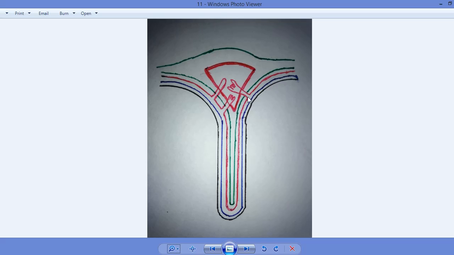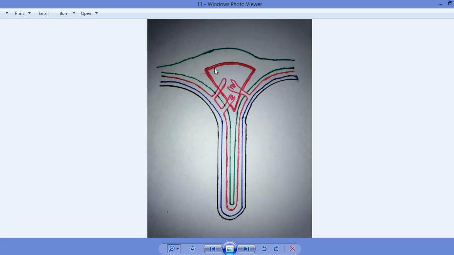After the pia mater, the arachnoid mater is also extended to the longitudinal fissure. This red color represents the arachnoid mater, and the dura mater is also extended, represented by the green color. So all the meningeal layers are extended to the longitudinal fissure.